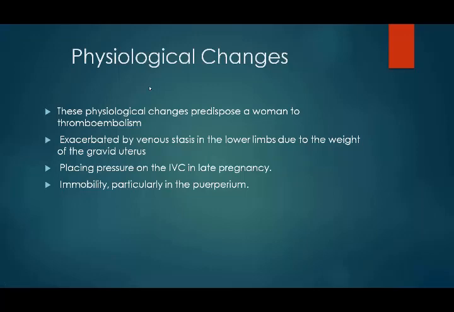So, what are the other physiological or systemic changes, as we have seen in that Venn diagram of stasis as well? What are the changes leading to the stasis? These physiological changes predispose women to thromboembolism, exacerbated by venous stasis in the lower limb due to the weight of the gravid uterus, in addition to the pregnancy hormones, as I told you.